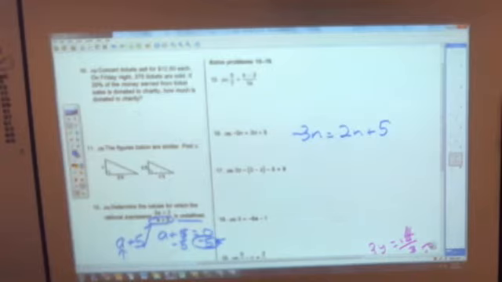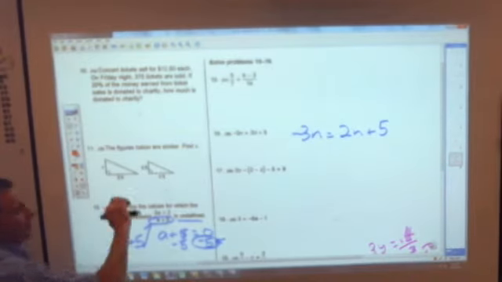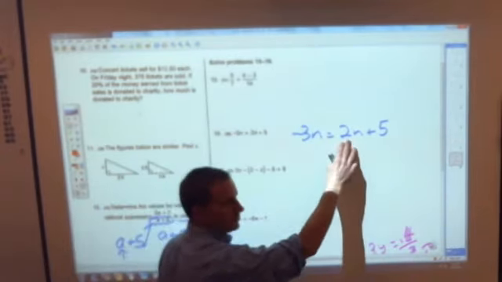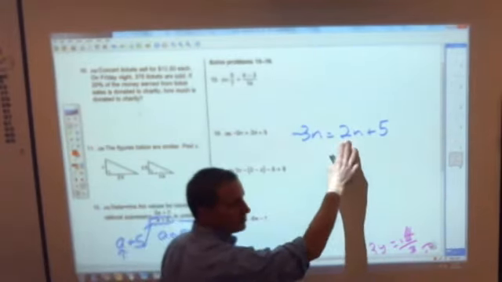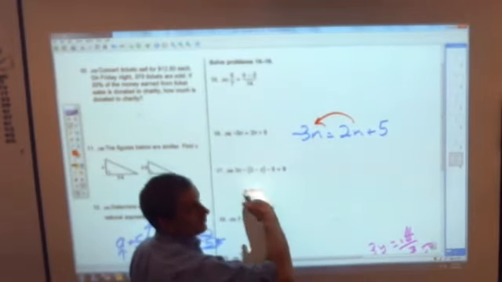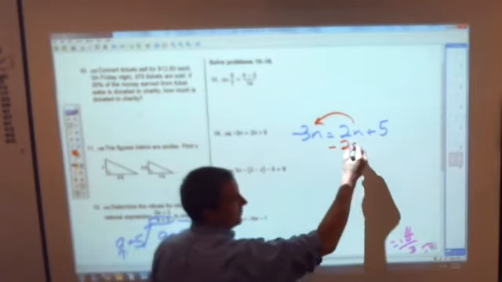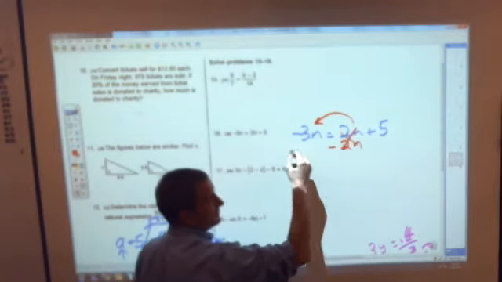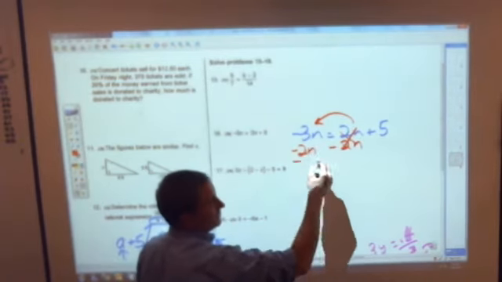Thank you. You do the opposite. Now I could move this 3n over here, but that would cause a small problem because then both of my terms would be on the same side of the equal sign. I might just as well take this 2n and move it over there so that I have 1 on each side. Opposite of plus 2n is subtract 2n. And here's where people kind of go awry.